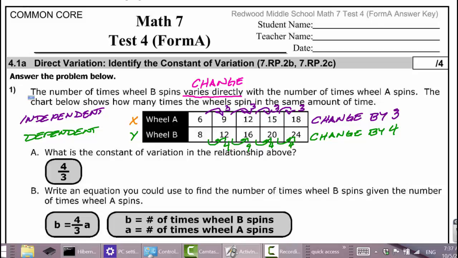Our definition of constant of variation, and this is just something you have to learn.